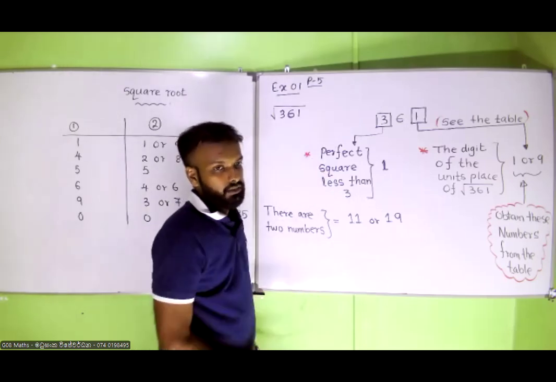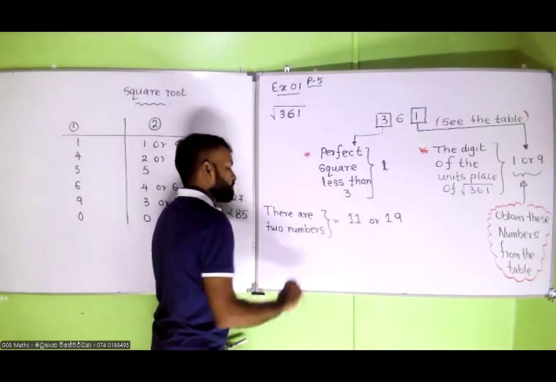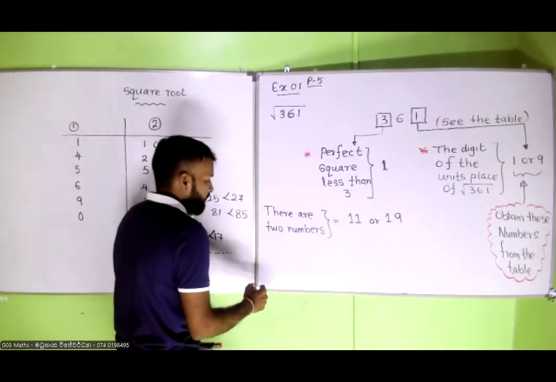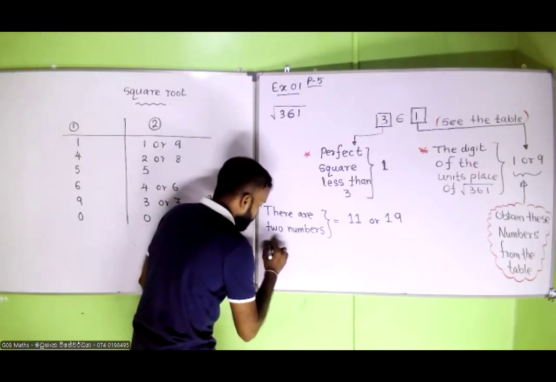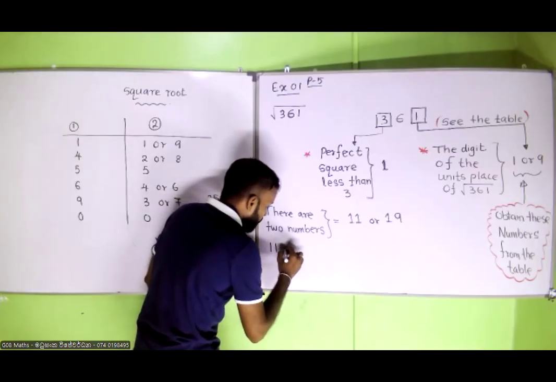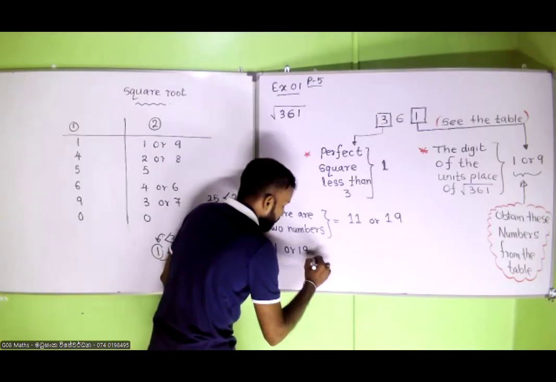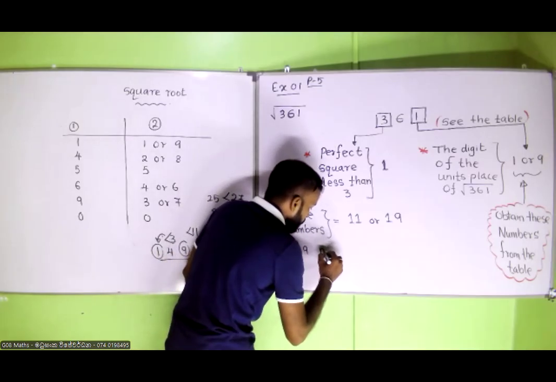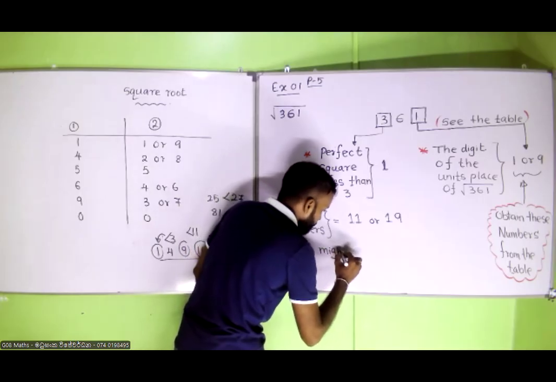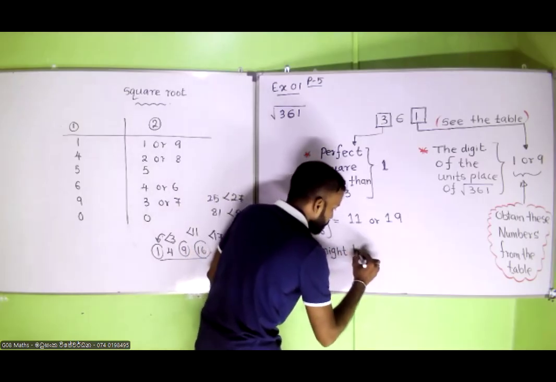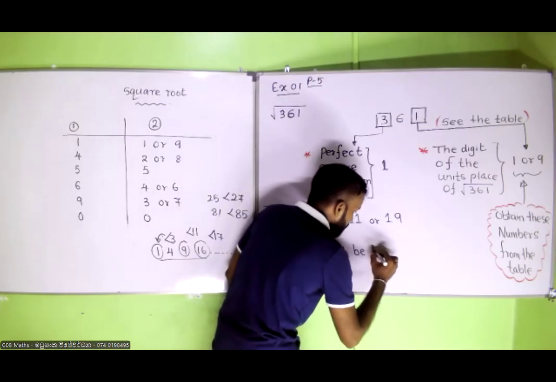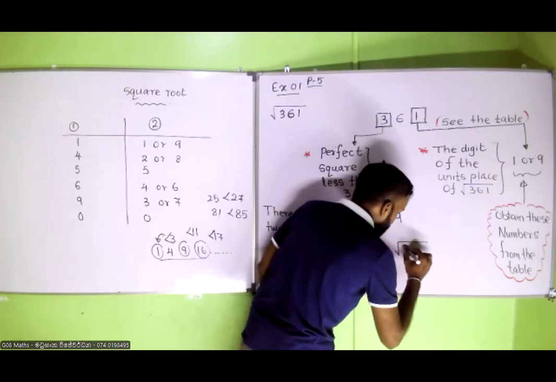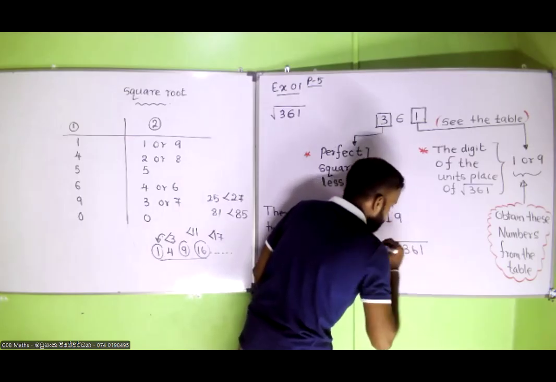So we are going to find it. Please write this here. Then we can decide 11 or 19 might be the square root of 361. We are going to find it.